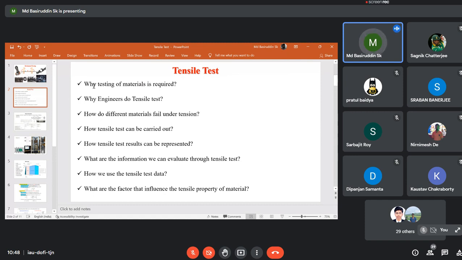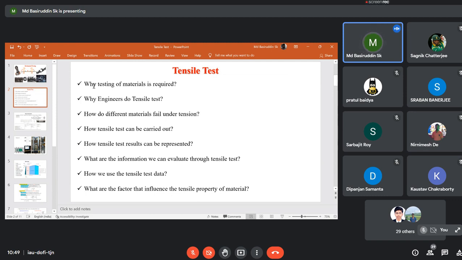If you say it like that, then two basic purposes come into the picture. One is the design perspective, and another is the manufacturing perspective. The design perspective is generally considered when the material deforms elastically.